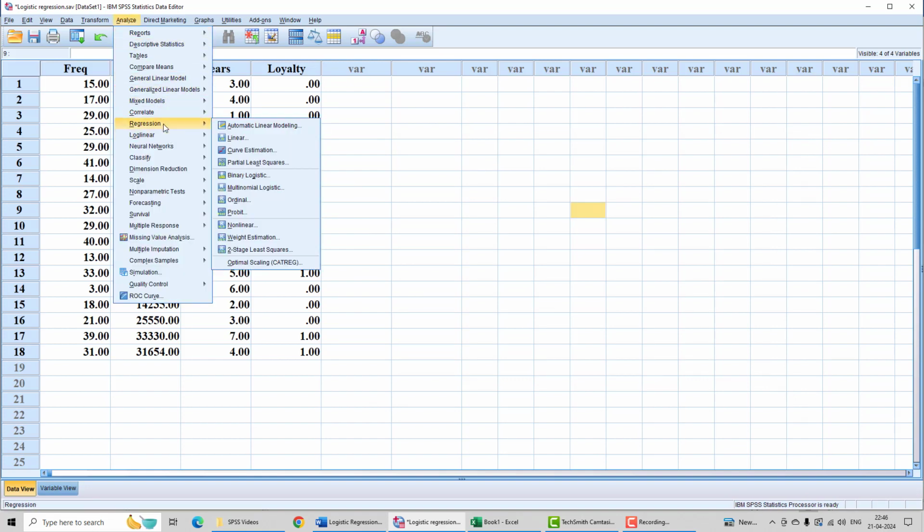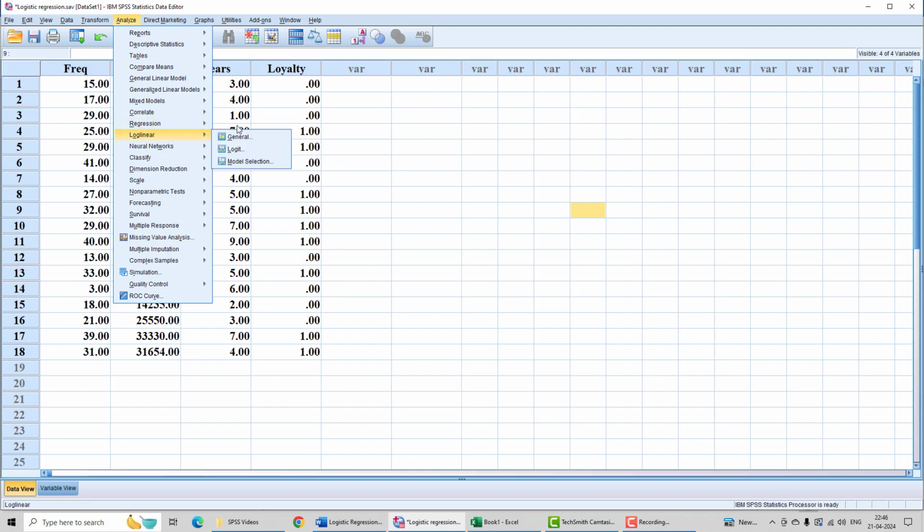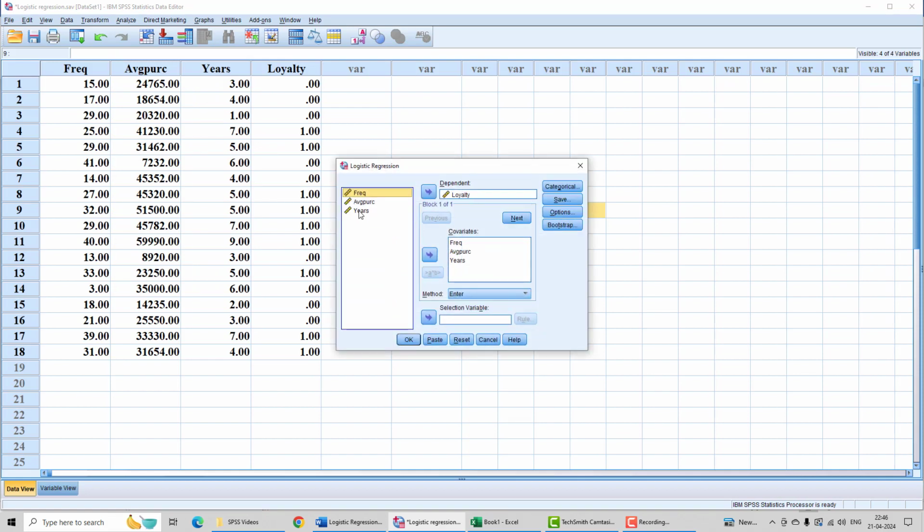Analyze: logistic regression is a part of regression. So go into regression and then go into binary logistic, and loyalty will be the dependent variable, and the three variables frequency, average purchase and years will be your covariates.